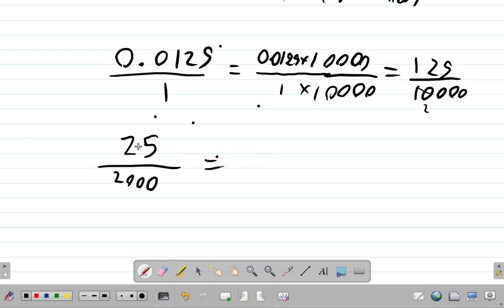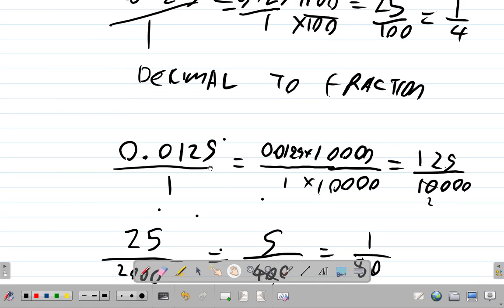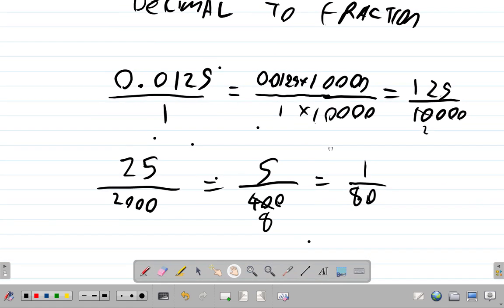If you divide by 5 again, 5 into 25 is 5, 5 into 2,000 is 400, and dividing by 5 again, 5 into 5 is 1, 5 into 400 is 80. So 0.0125 as a decimal is the same as 1 over 80 as a fraction. You see that?